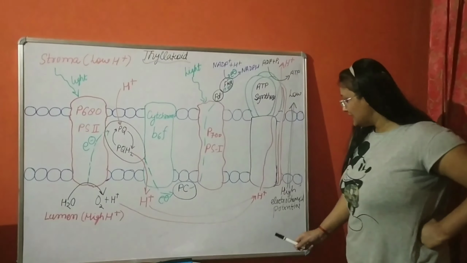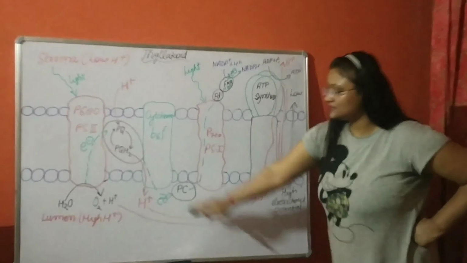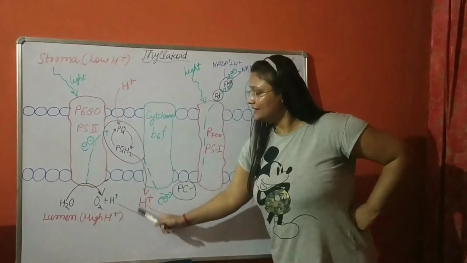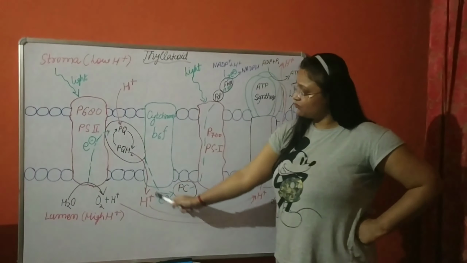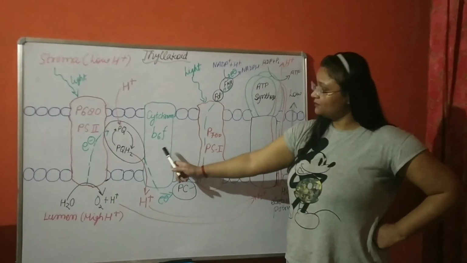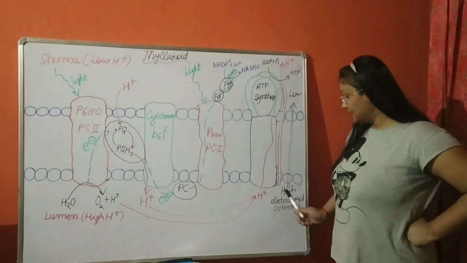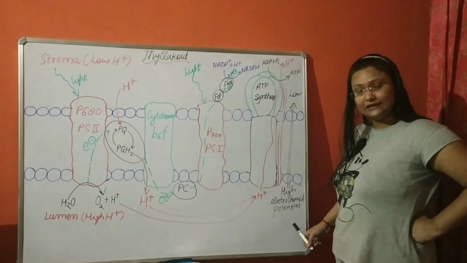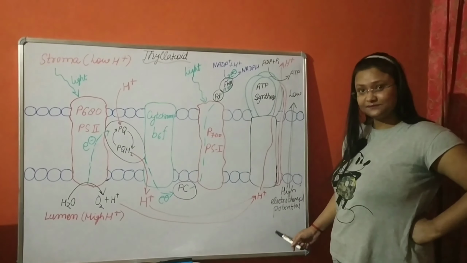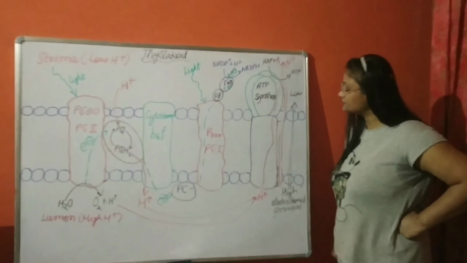So, on the lumen side, H plus was already in abundance over here. Further, H plus was pumped by cytochrome B6F as well. So now a high electrochemical gradient exists in the lumen, which will help in synthesis of ATPs.